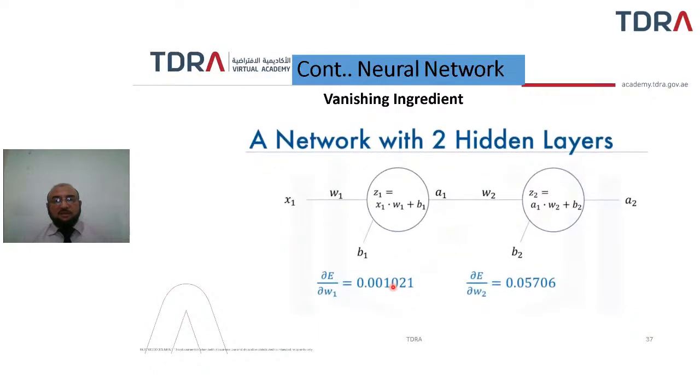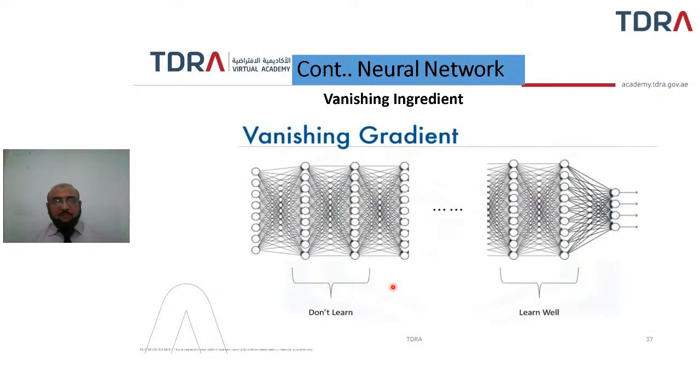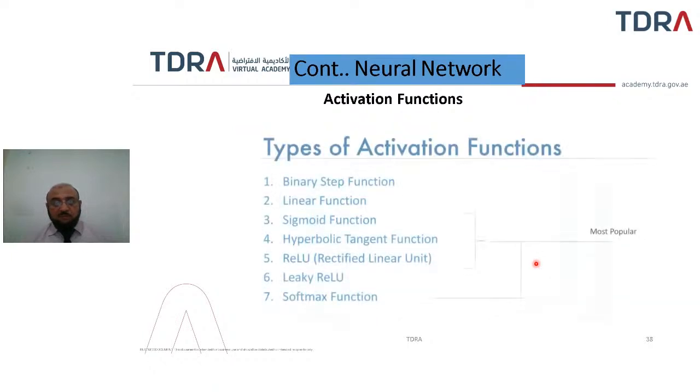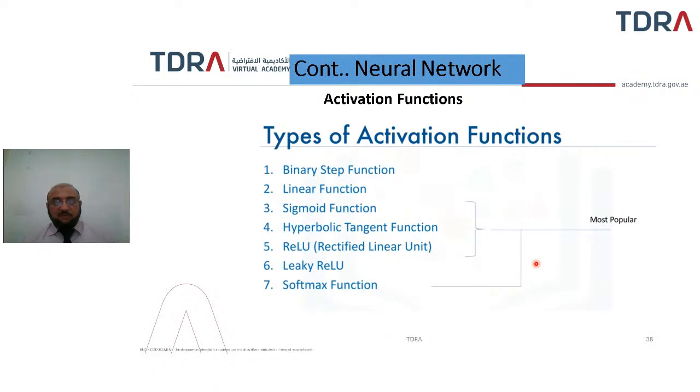Then there is the vanishing gradient, which is basically a drawback of the sigmoid function, which is an activation function. In vanishing gradient, the hidden layers are very slow to learn, and the outer layers learn well. This is basically the drawback. The types of activation functions are the binary step function, linear function, sigmoid function, hyperbolic tangent function, ReLU function, leaky ReLU, and softmax function.